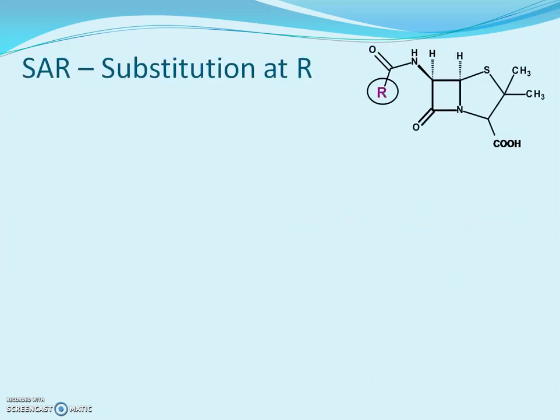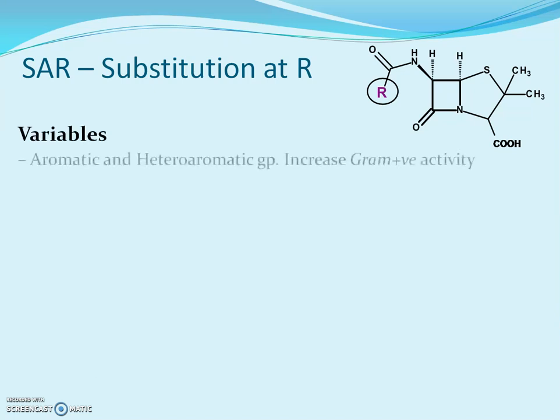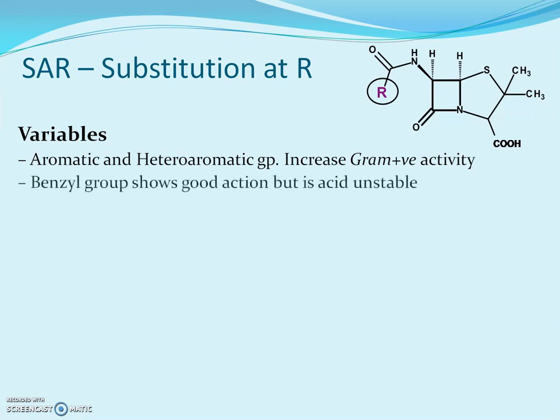So what we have studied here is the substitution at R. The variables include aromatic and heteroaromatic groups, which could increase the gram-positive activity. Benzyl group shows good action, but it is acid unstable. Electron withdrawing groups increase acid stability.